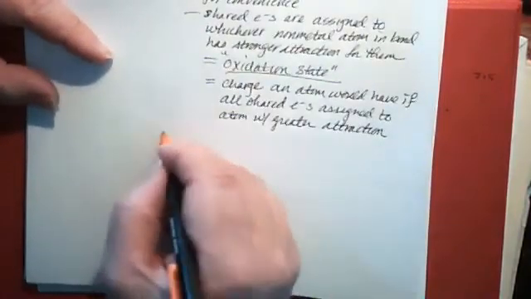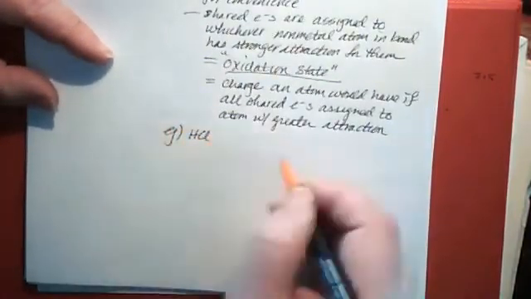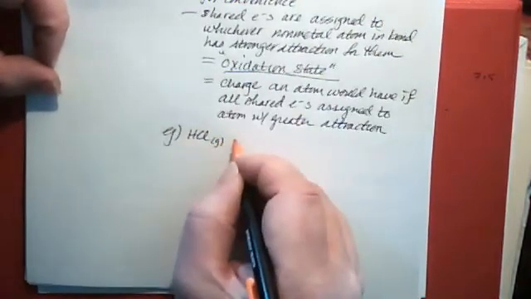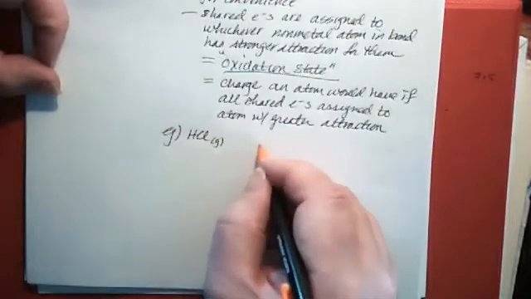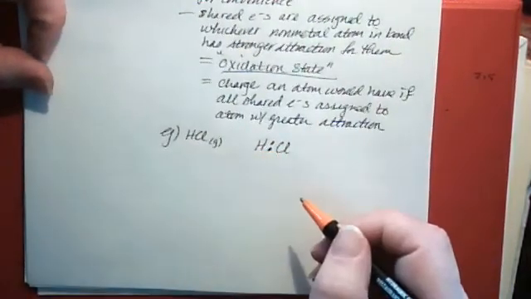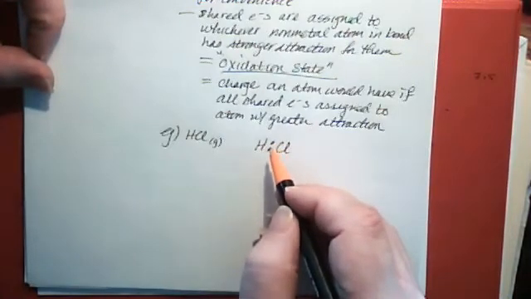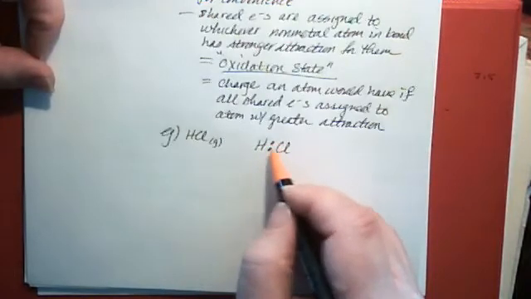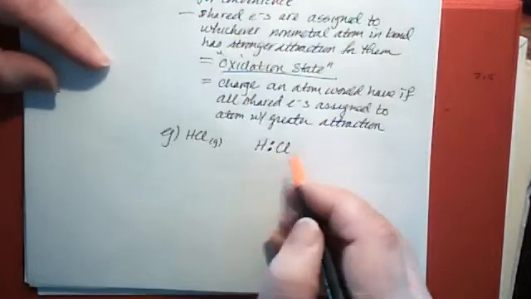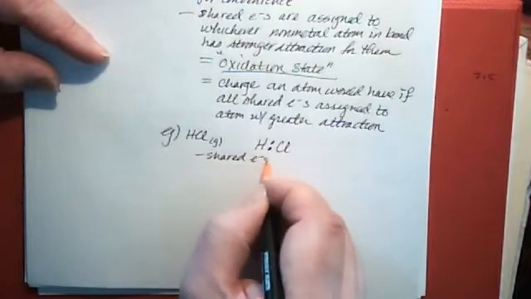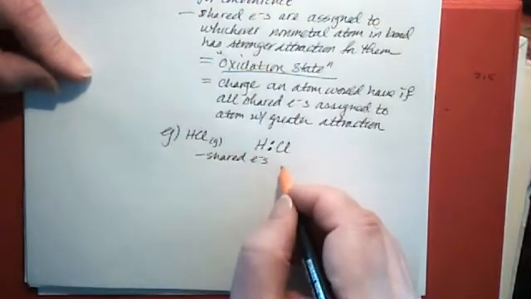Okay, so for hydrogen chloride, the molecule basically consists of hydrogen sharing a bond with chlorine, and that bond consists of 2 electrons. And so you can represent the 2 electrons as 2 dots between the H and the Cl. The shared electrons, and there are 2 of them, are pulled more strongly by the chlorine.